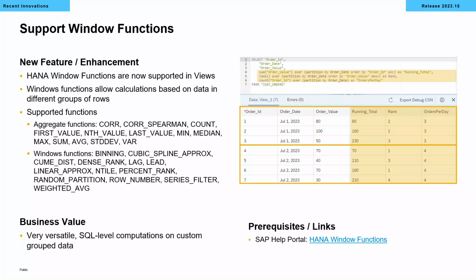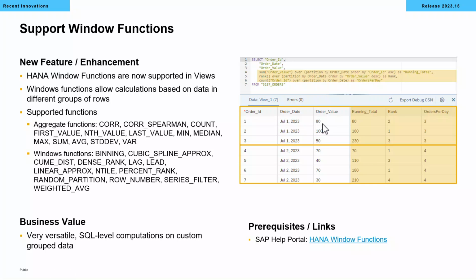So those window functions allow you calculations based on data in different groups, and we try to visualize that in the example which you find here on the right hand side. For example, you have different orders for different order dates, and of course they have different order values.